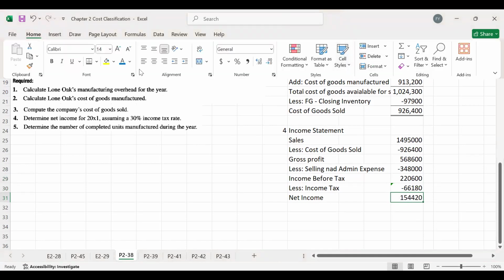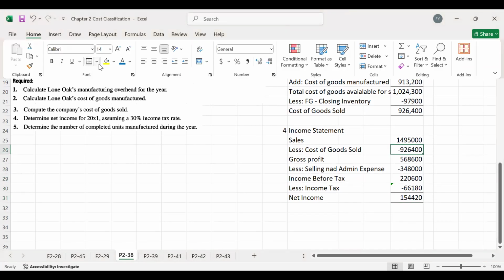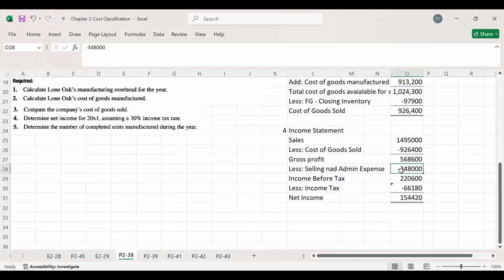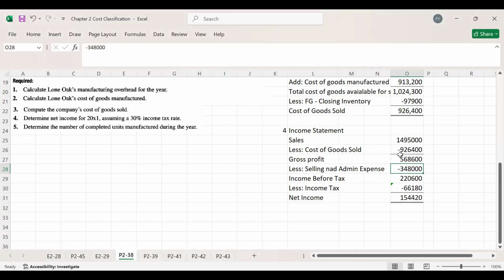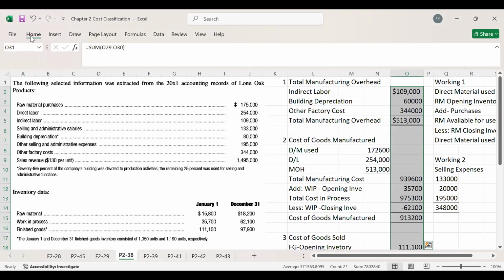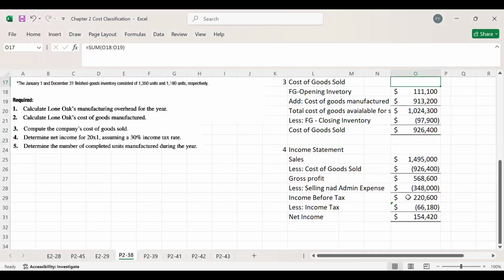So this is our total calculation. Here you can see the calculation of net income in proper pro forma. All amounts should be in dollars, so here is a dollar sign, and then you can see the answer.